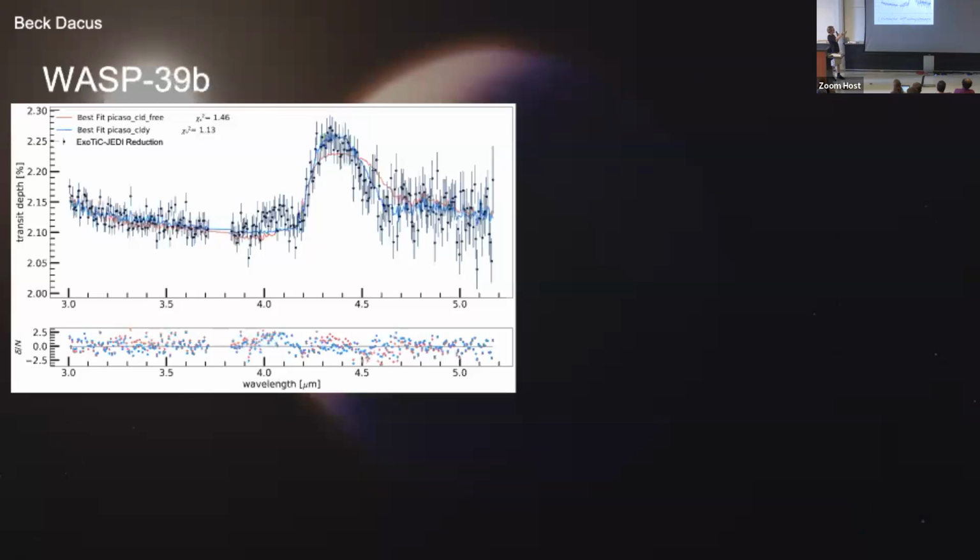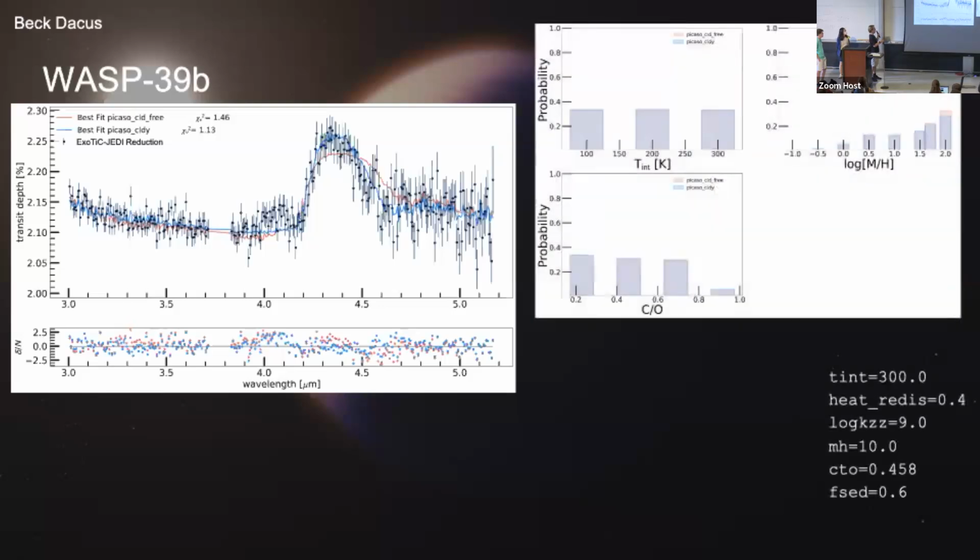This is the reduced spectrum taken from this instrument, superimposed with 2 Picaso models, one that does not include clouds and one that does. The one that includes clouds is in blue, and you can see visually, as well as from this chi-square metric, that this cloudy model seems to be a better fit, which is not entirely surprising, as I think we've learned throughout this week.